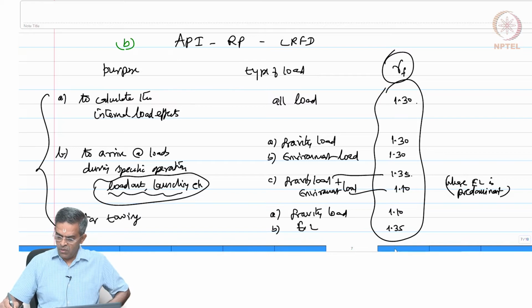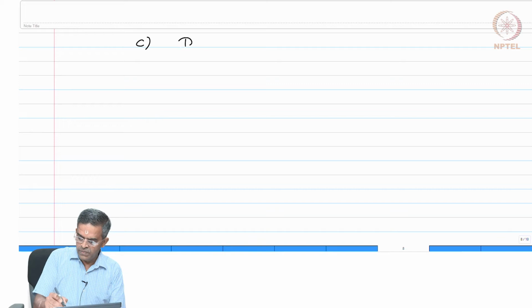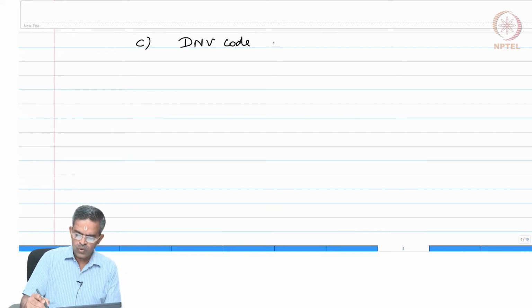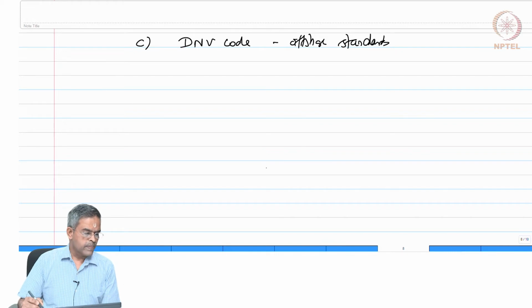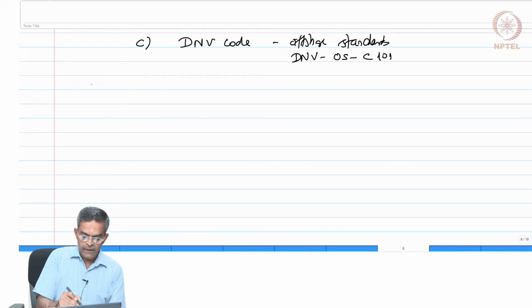Let us look one more inside what we see in the DNV code, which is offshore standards. Which is DNV offshore standards C101.